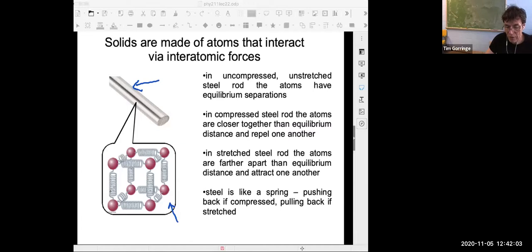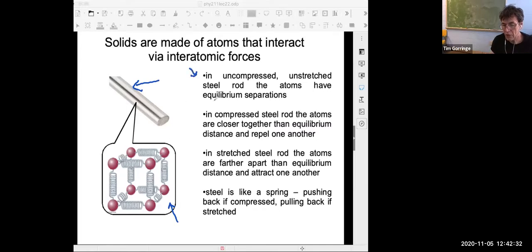And these springs, they're not little real springs sitting inside the steel rod. Those are my model of the interaction between the atoms and molecules of the steel rod. And they're an approximation of the interactions between the atoms and molecules of the steel rod. Okay, so that's going to be our model.